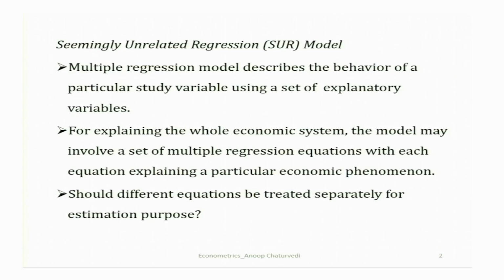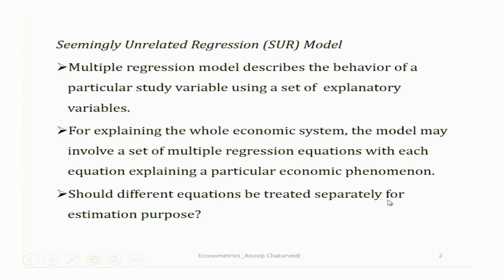So, instead of estimating all the 5 equations separately, it may be worthwhile to estimate all the 5 equations simultaneously, and then it may lead to more efficient estimators. This kind of problem we handle in the seemingly unrelated regression equations model.